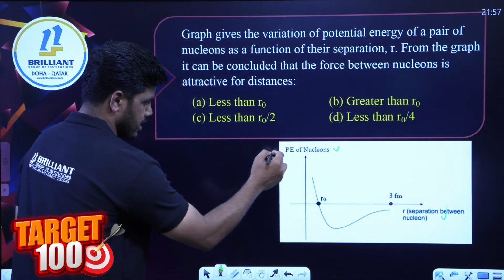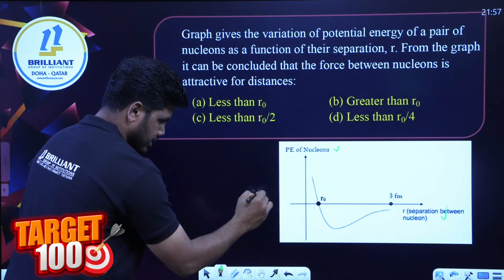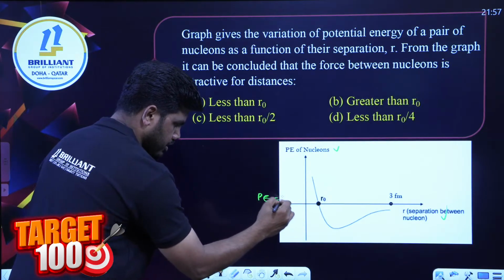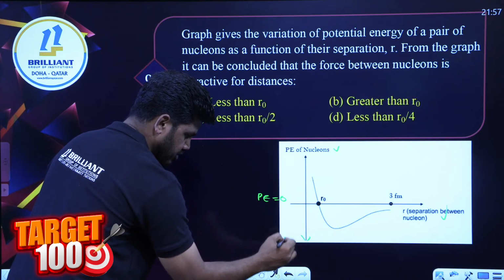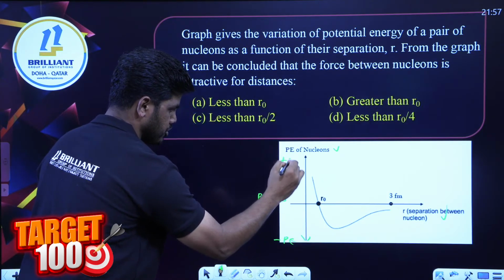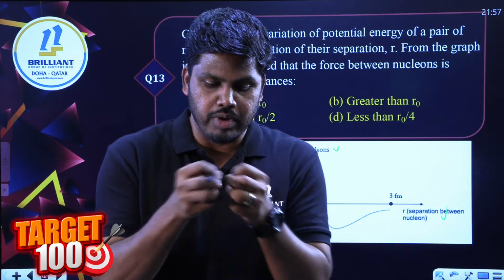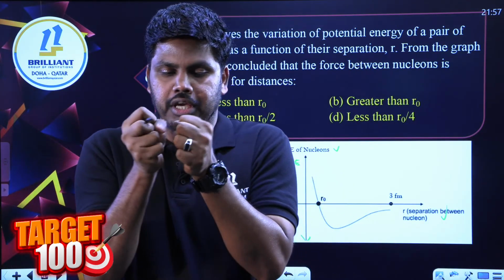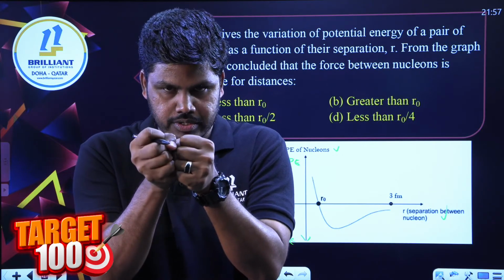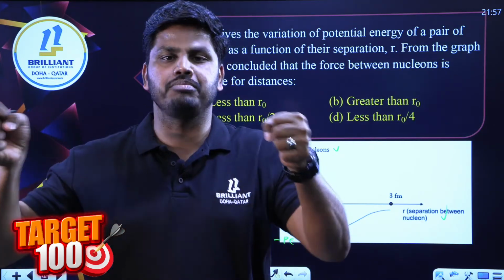We have taken potential energy along the y-axis. So this is the potential energy zero mark. Below this it will be negative potential energy, above it positive potential energy. Consider the potential energy between 2 nucleons: I am going to keep 2 nucleons close to each other and increase the distance between them.